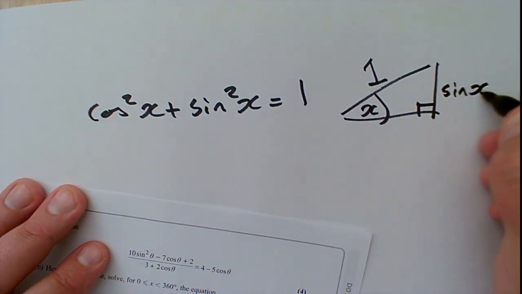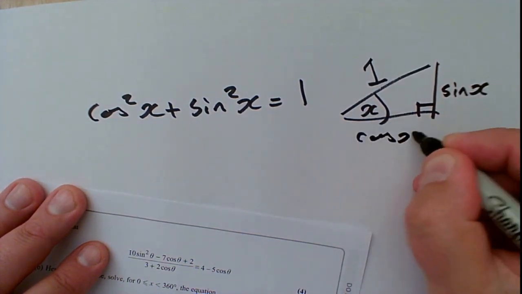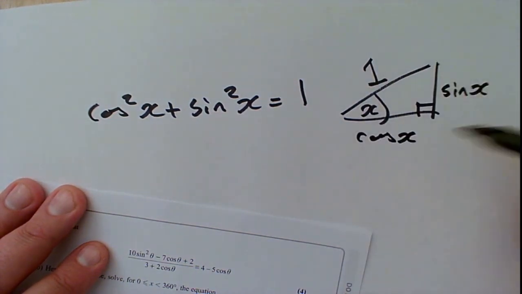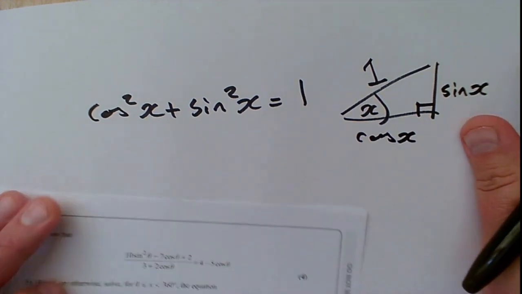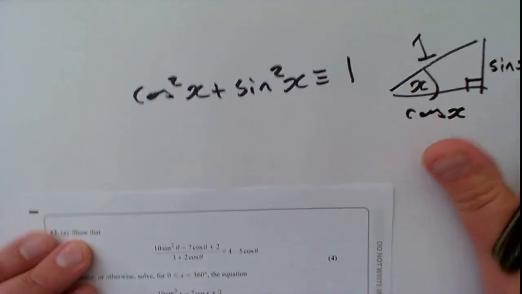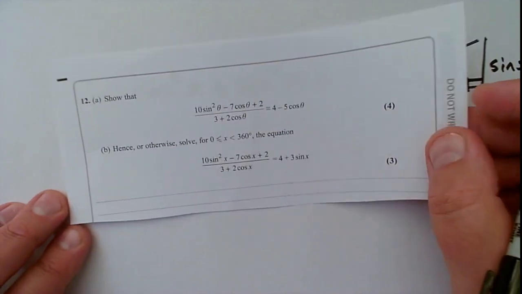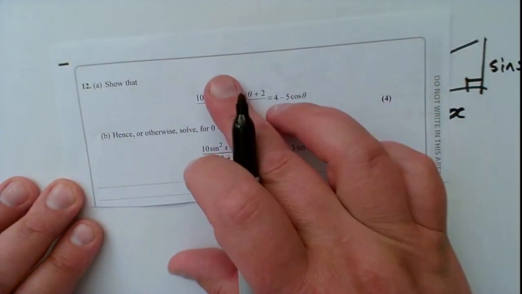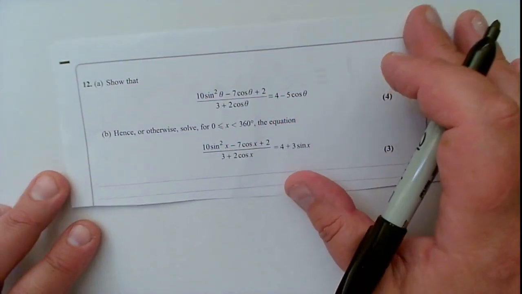So if your hypotenuse is 1, opposite over hypotenuse is just going to give you sine, cos, etc. So this sort of picture is fundamental to our trigonometry. You've got to appreciate that. I'll just put a little line in there saying it's equivalent for all x's. Don't really need to talk about that because it was done really, really well.